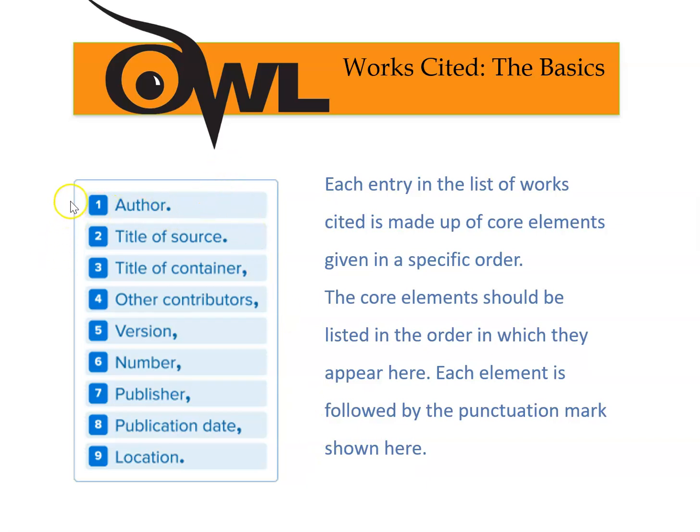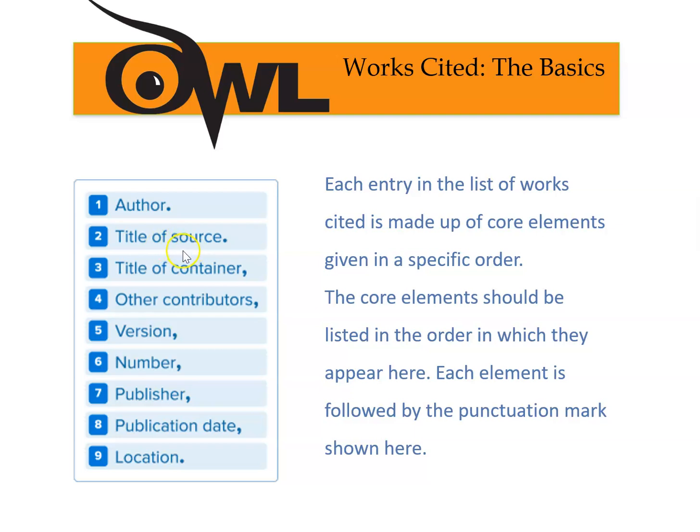So there's some components that you're going to need to include for each different reference that you have listed in your Works Cited. You're going to need to track down the author of the source, if that's available. You're going to need to find the title of the source.